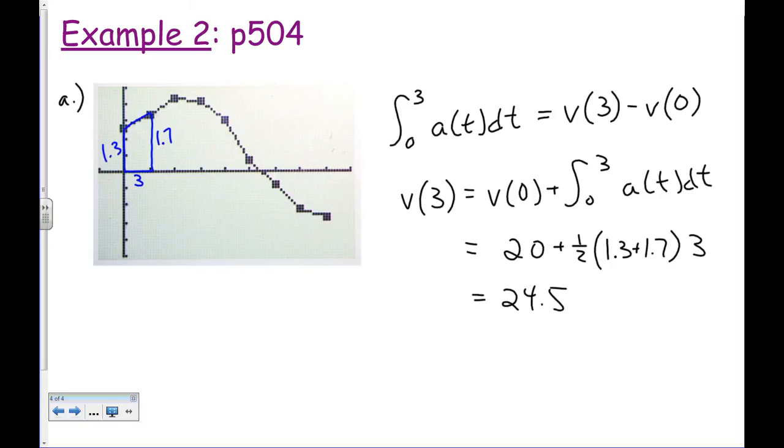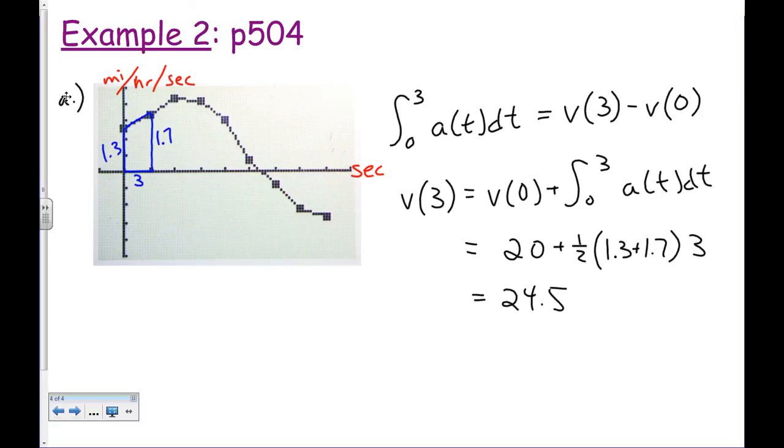Now for the units, again, you've got to be careful with these. Our x-axis is measured in seconds. It's time measured in seconds. Our y-axis is our acceleration, and that was in miles per hour per second. So when I go and find the definite integral here, we're finding the product of my x's and y's.